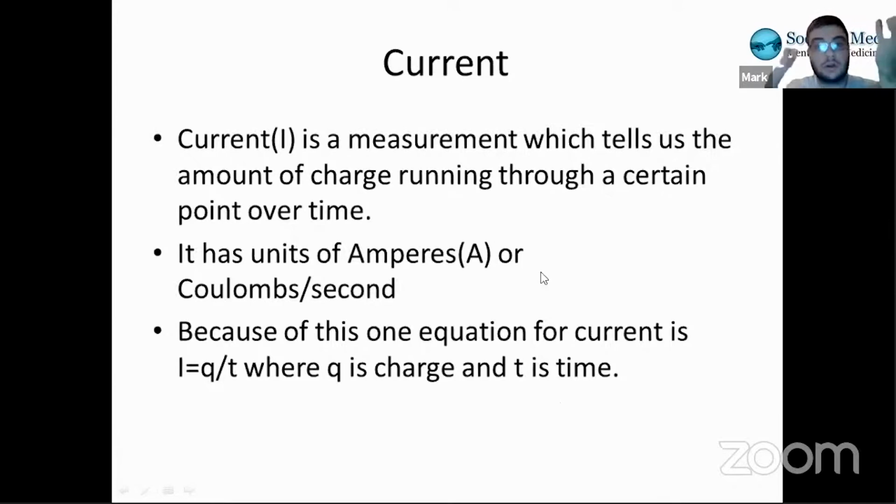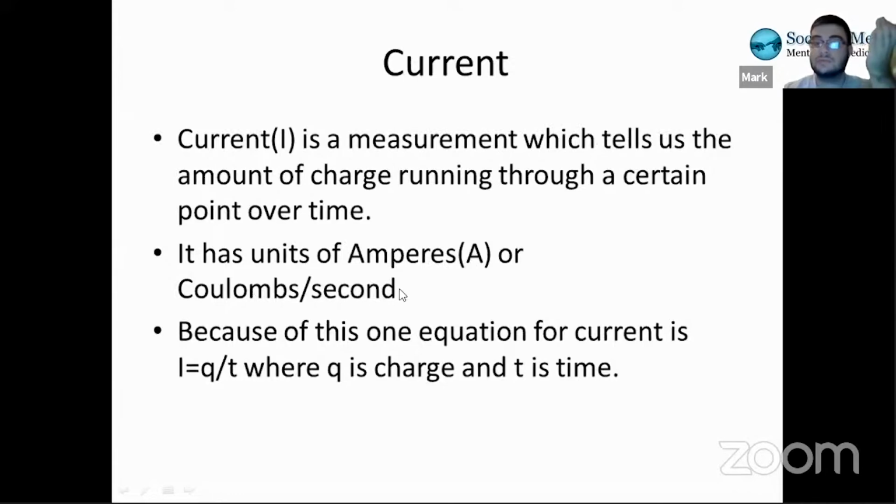So I want to talk about current now. Current is a measurement which tells us the amount of charge running through a certain point over time. It has units of amperes, or A is the symbol, and the symbol for current is I. The other units for amperes are coulombs per second.